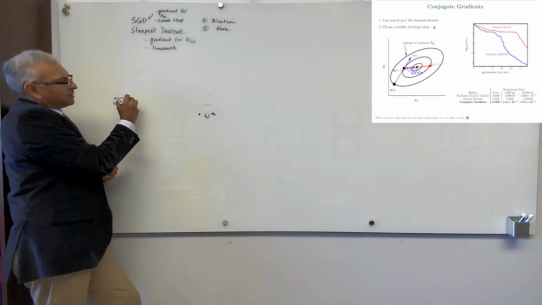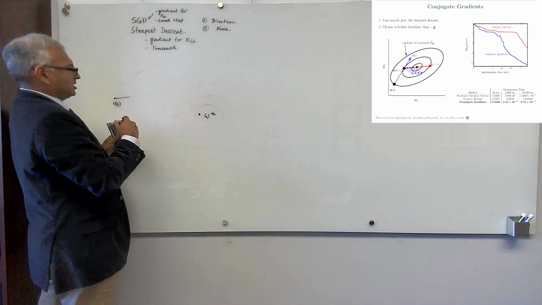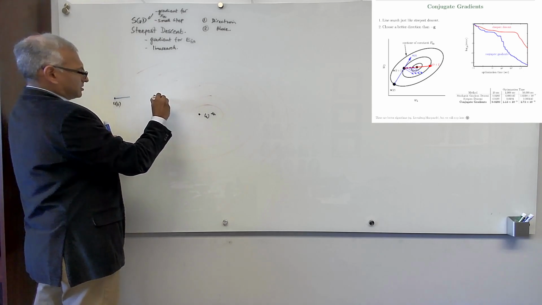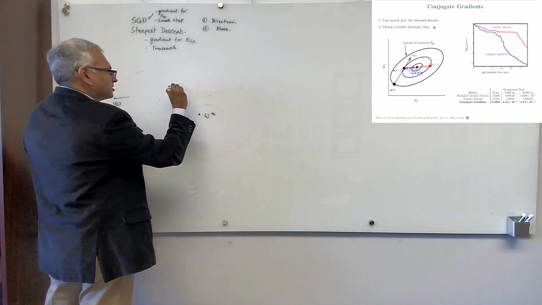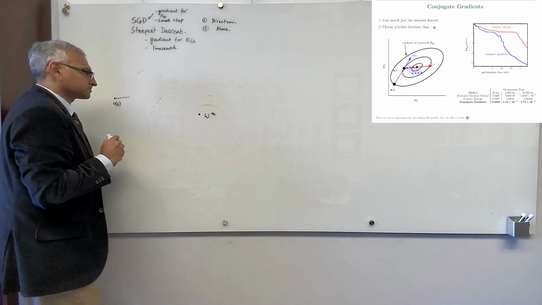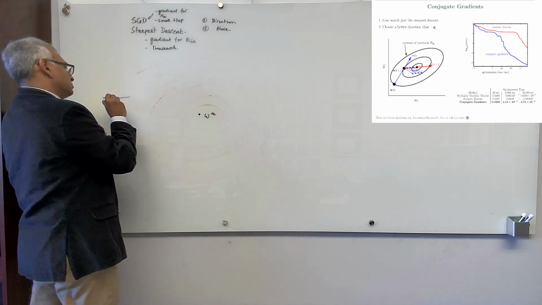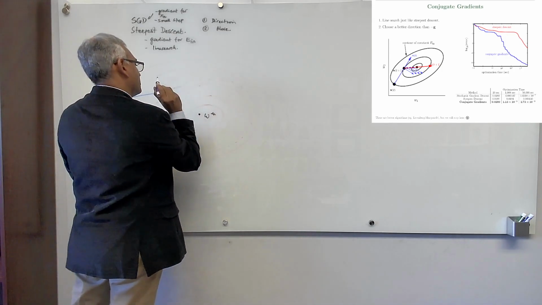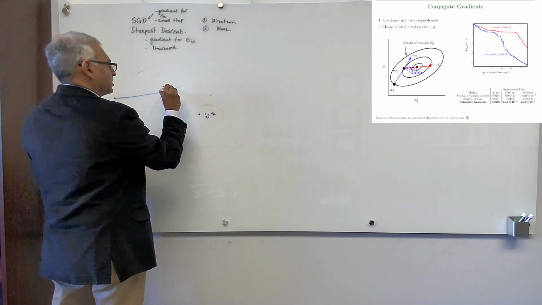As we are moving, maybe there's another contour in here, which is the one we get to for this line search for this iteration. So we move, and move. So much for my abilities to draw curves well.